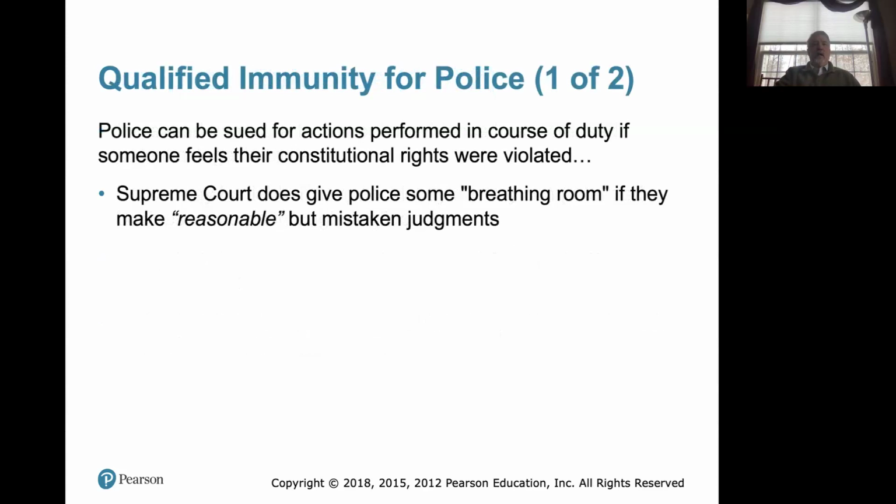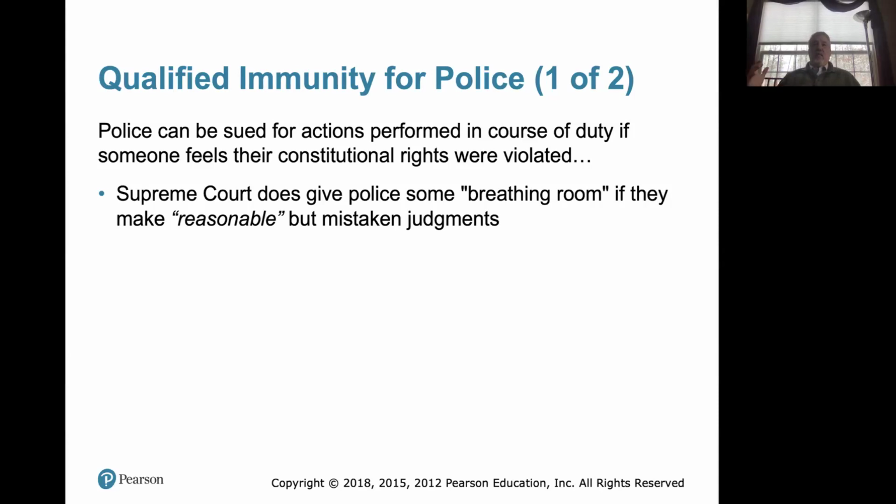Now, we've talked about all the things that allow police officers to be liable, but laid on top of that is that police officers historically have enjoyed what we call qualified immunity. Most government entities enjoy some form of qualified immunity, and the idea behind it is the same as the immunity we have for Good Samaritans who are willing to help people that they're not required to help.